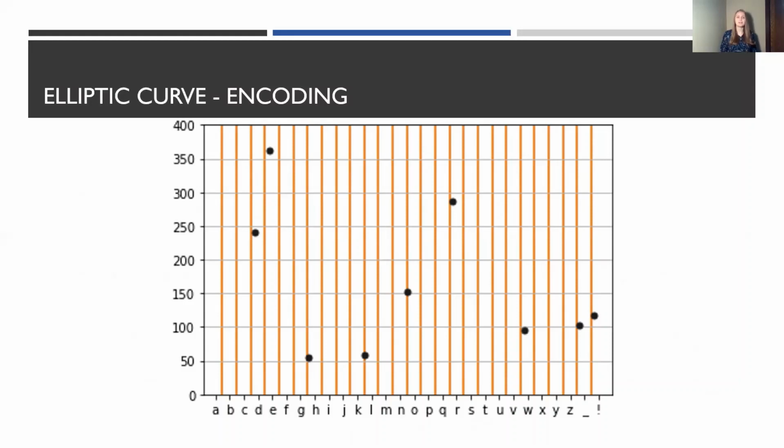And the encoding process is a bit more difficult than RSA. For each character in our message that we wish to encode, each character will correspond to a point on our elliptic curve.